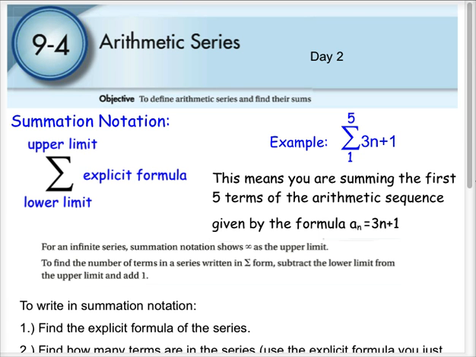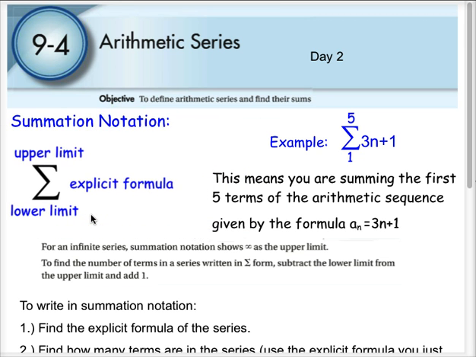So the pieces of summation notation. You have your lower limit, so what your first term is, and your upper limit.